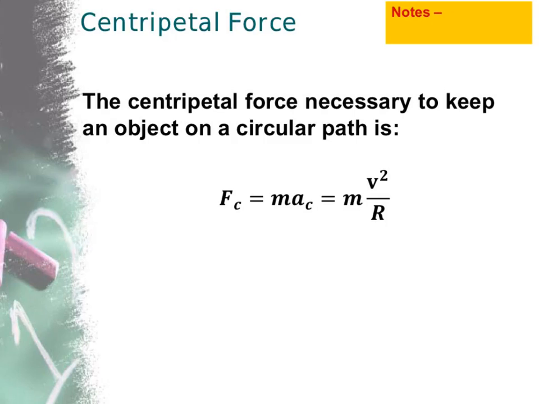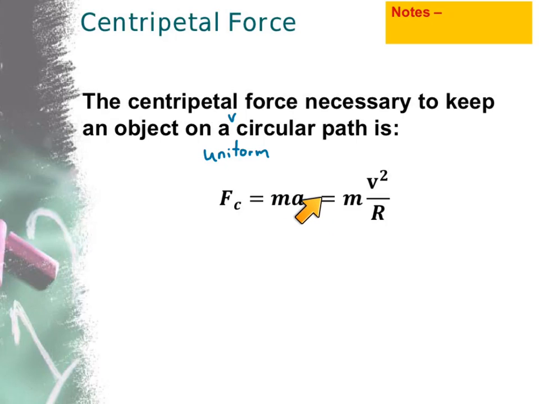We can actually calculate how much centripetal force we need to keep an object on a circular path. Actually, this should say uniform circular path. So let me change that. Uniform. And the amount of force we need, Fc, centripetal force, is equal to the mass of the object times the centripetal acceleration.